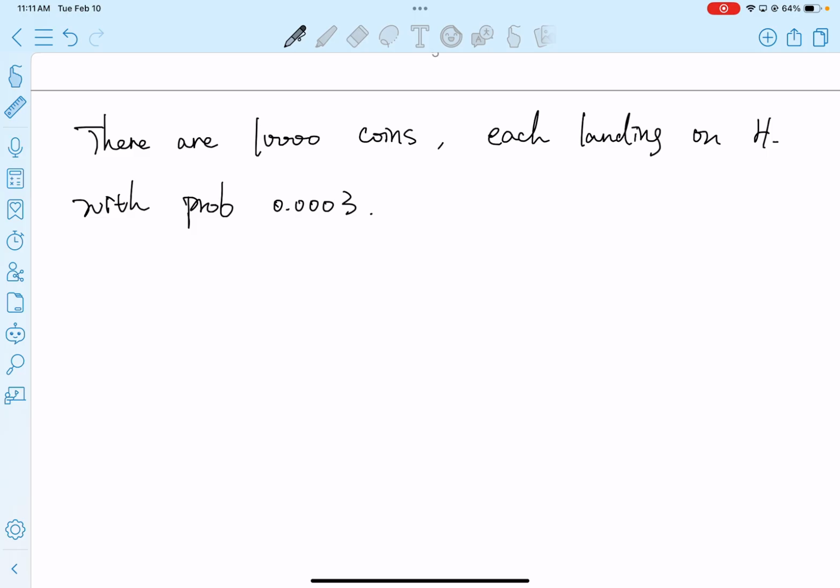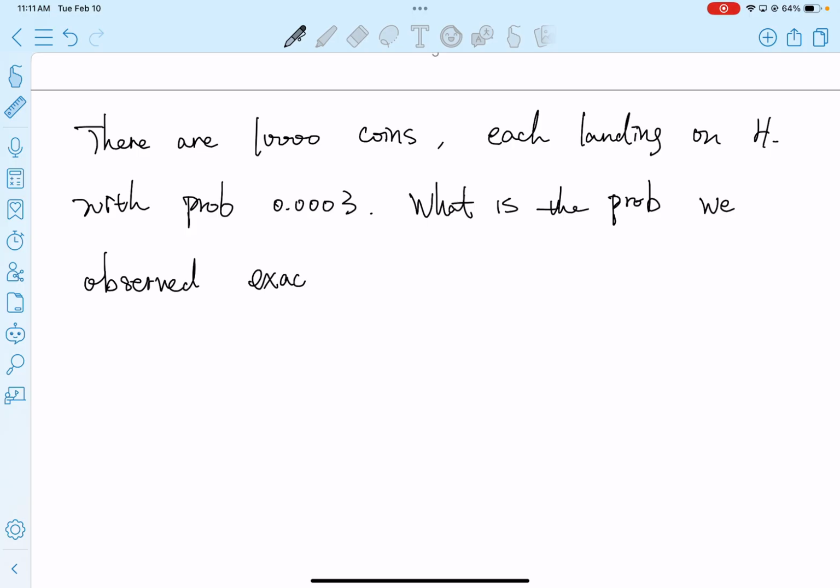If someone asks you that now, I have 10,000 coins, each with a probability of landing on head of 0.0003, what is the probability that we observe exactly 2 heads?